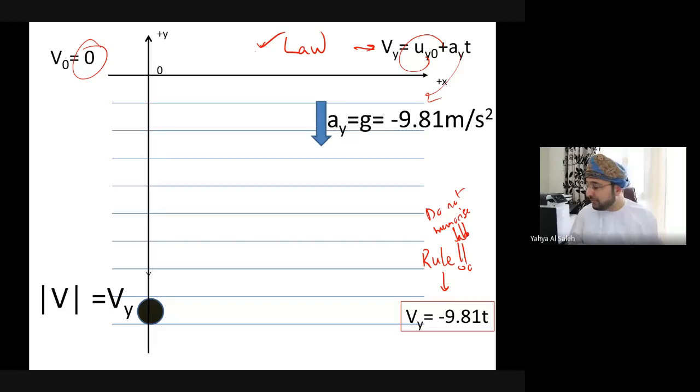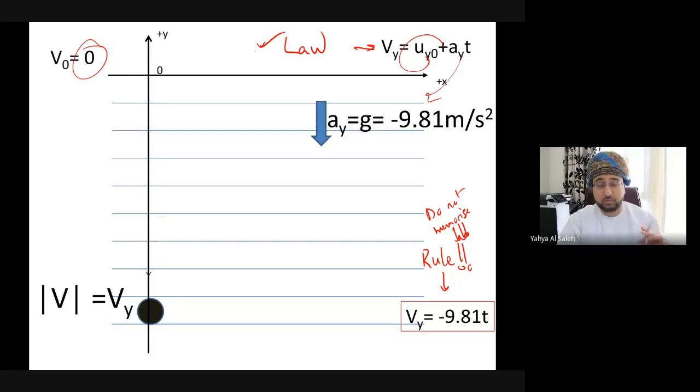Now, physics actually really doesn't care what I call it, as long as I obey one very important rule. Once I call it something, I have to stick to that no matter what in that problem. I cannot change my mind in between.